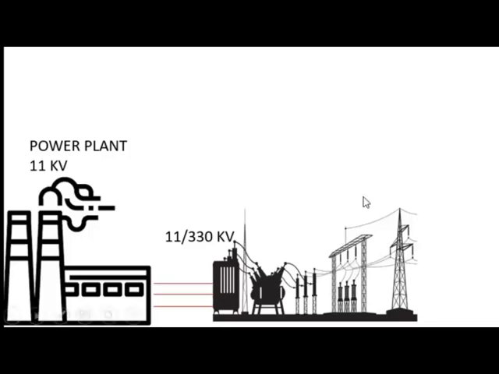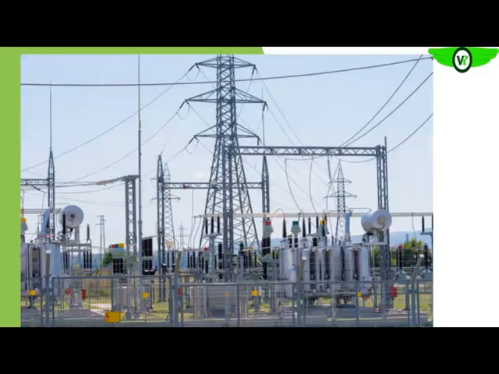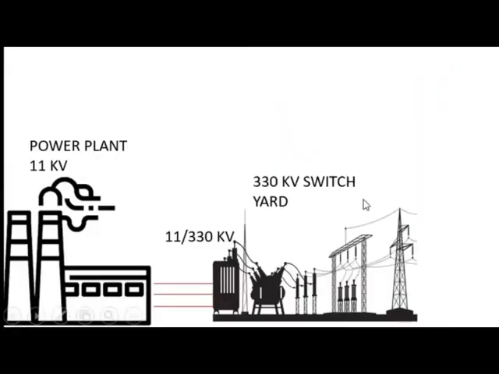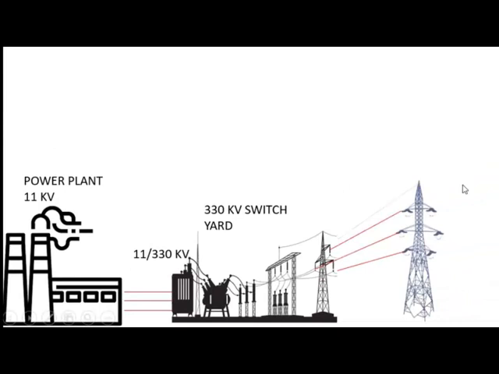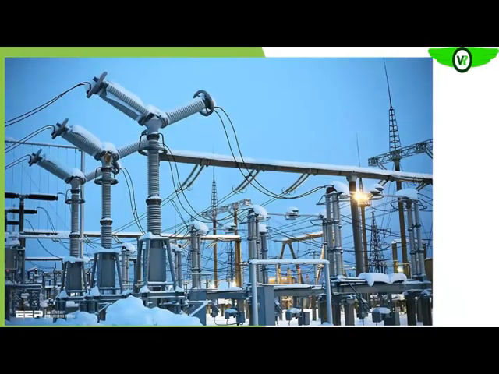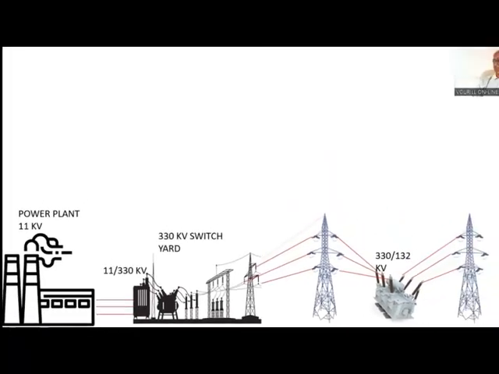So that 330 kilovolts will now be sent from your switchyard into your transmission system. The transmission line, as you can see, is actually transmitting at 330 kilovolts. That 330 kilovolts is now sent to a sub-transmission station, as it is getting closer to where it will be used.